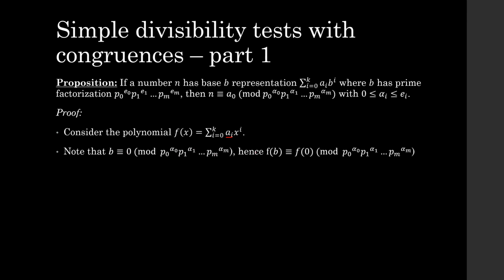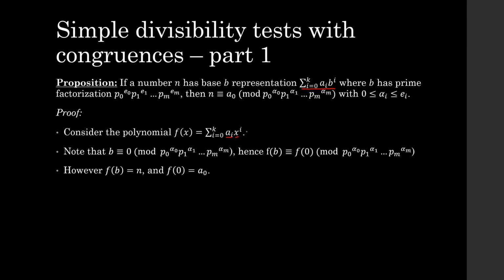Hence, by what I said before about integer polynomials, we've got that f(b) is congruent to f(0) mod that same factor. However, note that f(b) is equal to n, because f(b) just gives us this sum if I plug b into x. And f(0), if I plug 0 into x, then I'm going to get 0^1 and 0^2 and 0^3.